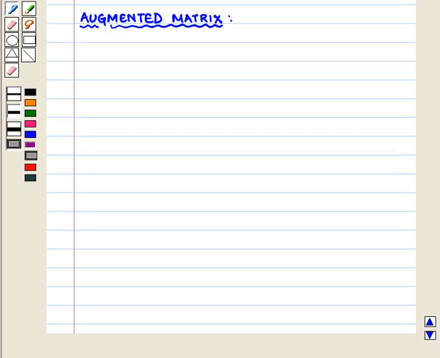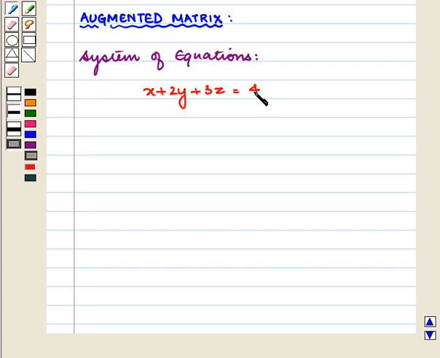Let us see what an augmented matrix is. Let us consider the following system of equations. x plus 2y plus 3z equal to 4, x minus y plus z equal to 6, and 2x minus 3y minus 4z equal to 1.